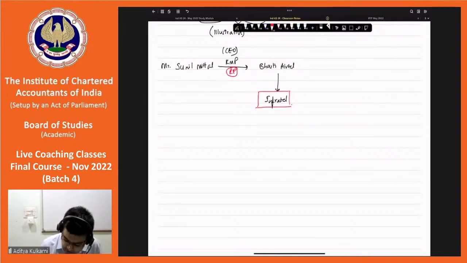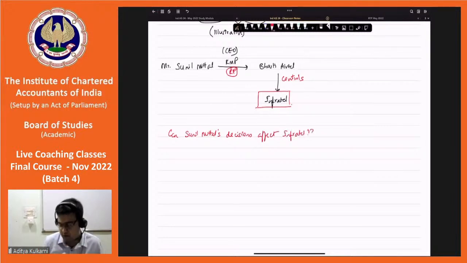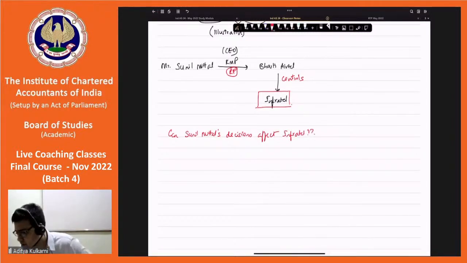Bharti Airtel, Infratel is the subsidiary. So there is a control relationship here. Bharti Airtel controls Infratel. So now you tell me, can Sunil Mittal's decisions affect Infratel? Think and answer. Okay.